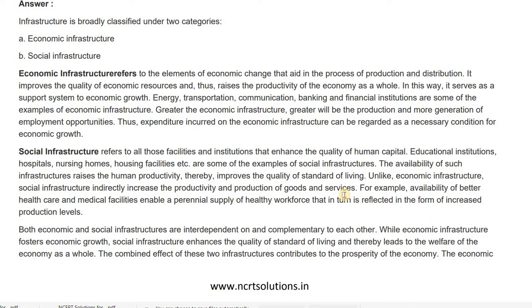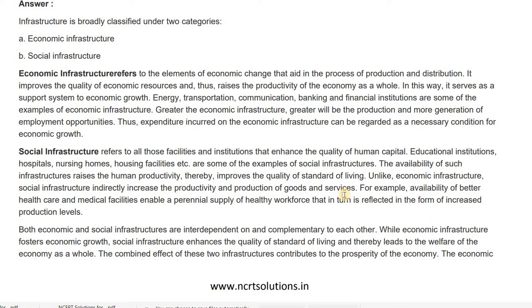Okay, this social infrastructure indirectly increases the productivity and production of goods and services. Example, availability of better healthcare and medical facilities enables perennial supply of a healthy workforce, which in turn is reflected in the form of increased production levels.